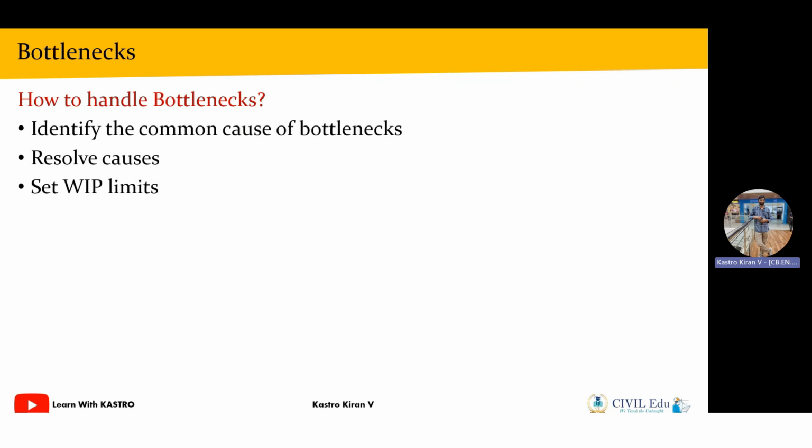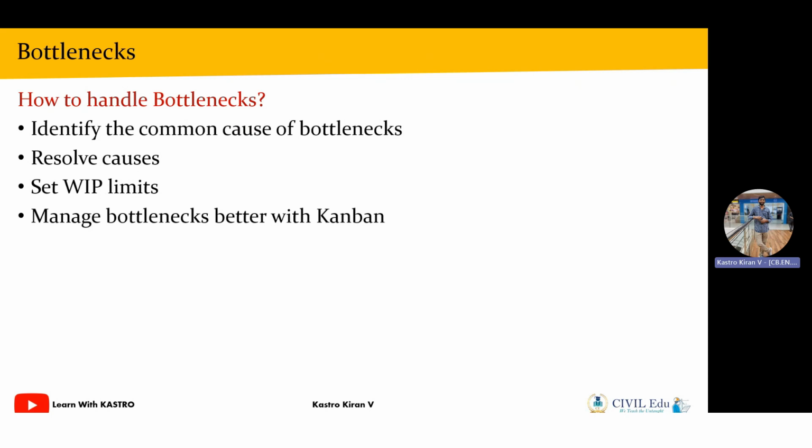We are not going to solve all the tickets at a time, so we have to prioritize based upon the needs. That's called setting work in progress limits. Once you prioritize the tasks, we manage the bottlenecks using the concept of the Kanban model. This is how we can work with the concept of bottlenecks.